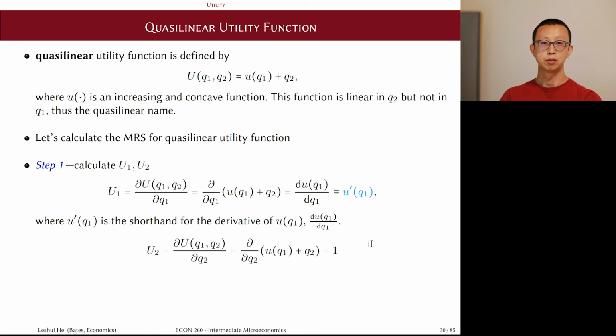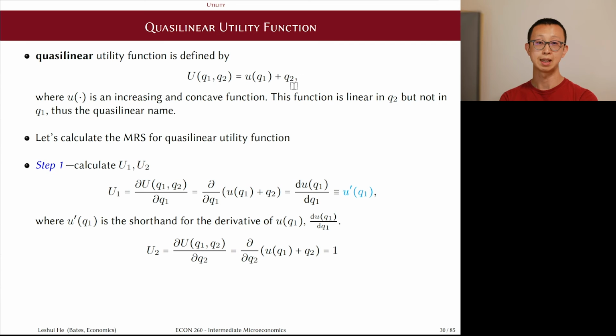The marginal utility of good 2 is very straightforward. It is just the derivative of u of q1 plus q2, but because q1 is treated as a constant as we vary good 2, u of q1 is a constant. So it drops out from the derivative, and the result is simply 1. For every unit of good 2 we add to the consumption bundle, there's going to be a 1 unit increase in the utility function.